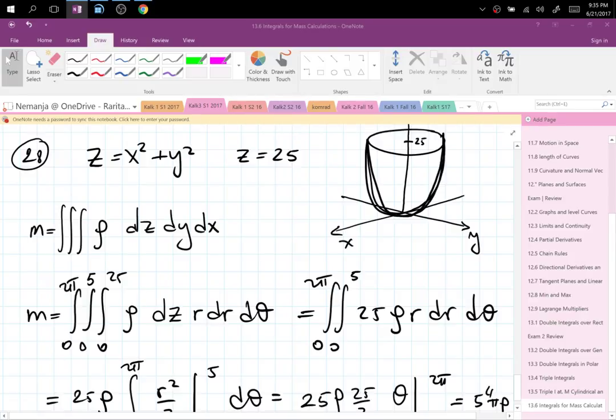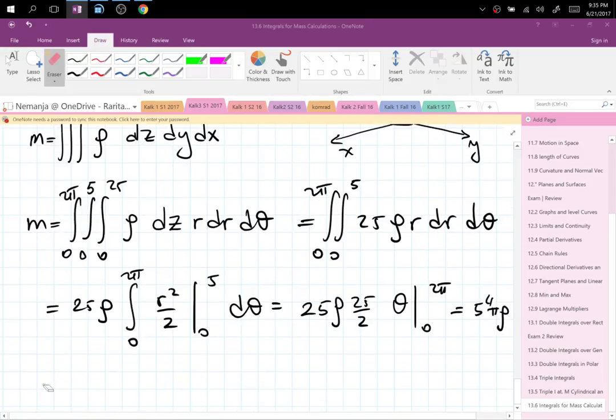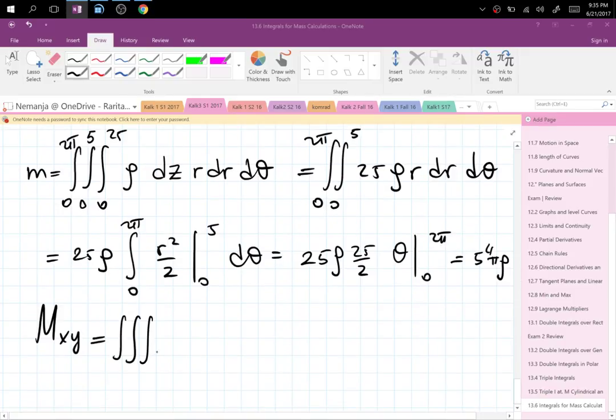So the only moment that we need to compute here is moment xy, which is the triple integral with the same limits and everything, but it is going to have a z in here, rho, and then we have our standard string dz, r dr d theta, and then all the limits as before, which is 2 pi and 5 and 25.